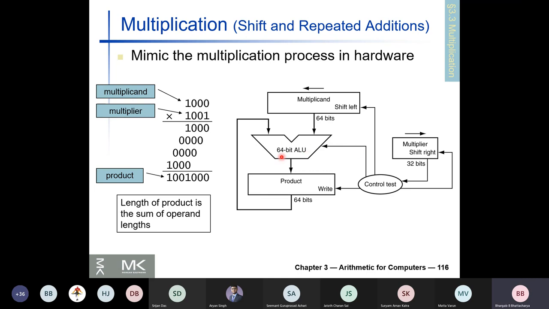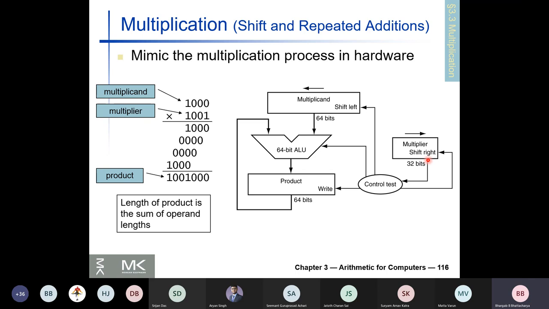Let us see how this architecture works. In the multiplication process, first of all, you check the least significant bit, that means the rightmost bit of this multiplier. We keep the multiplier in this register, and you check the rightmost bit here.